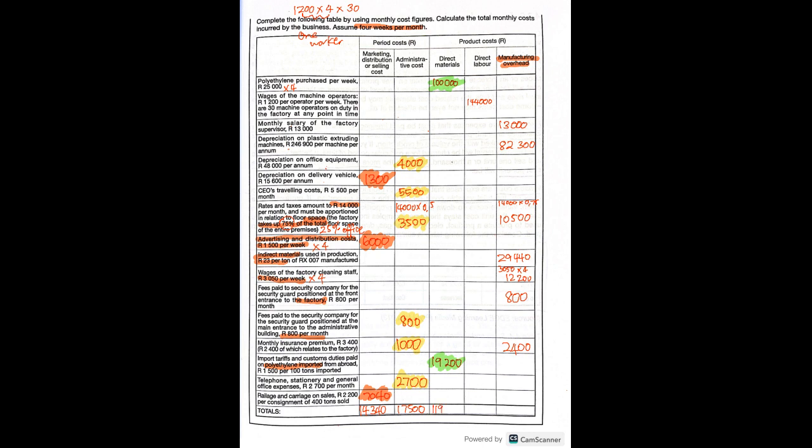That's 119,200. Your next one is just your direct material of 144,000. So that's only one figure, 144,000. And the last one then is the 13,000 for overheads plus the 82,300 plus the 10,500 plus the 29,400, the 12,200, 800, and the 2,400, and that amounts to 150,640.